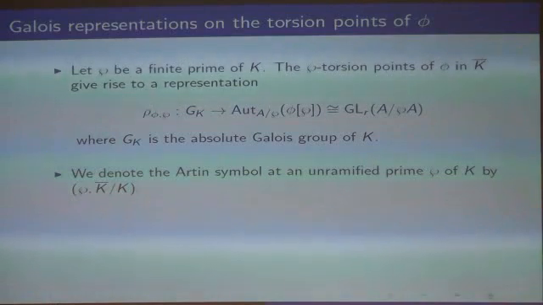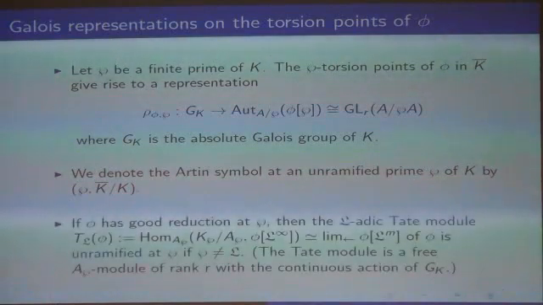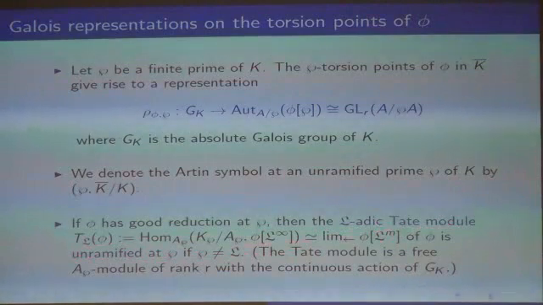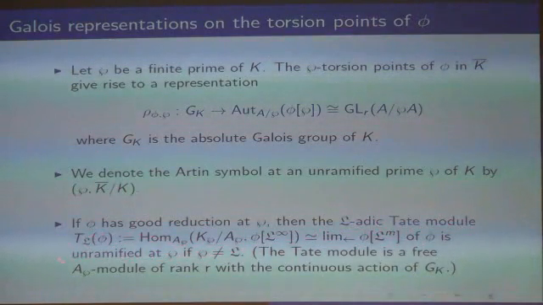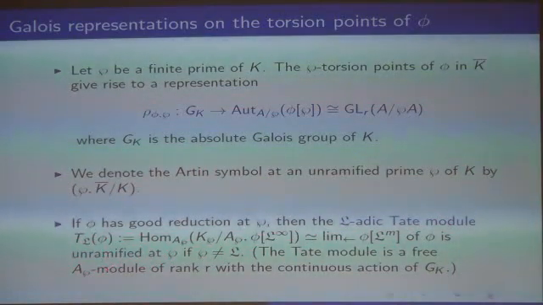And we use this Artin symbol. Okay, if phi has good reduction at P, then the L-adic Tate module, this is standard terminology, defined by this is unramified at P as long as this prime P and this prime L are distinct.